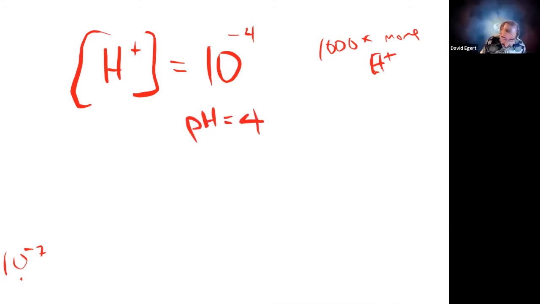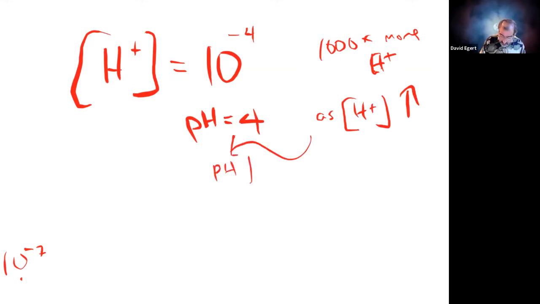So notice what's happening. As H plus concentration goes up, pH is going down. So the more hydrogen ions you've got, the lower the pH number is. We also say this is more acidic.